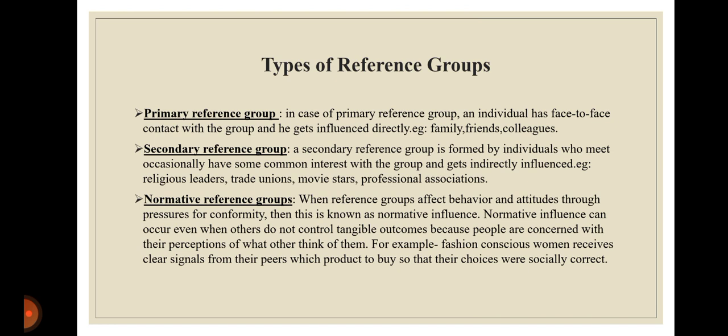For example, a fashion conscious woman receives clear signals from her peers about which product to buy so that her choices will be socially correct. It's but obvious that when I am influenced by a role model or anyone else, I am going to follow her for anything which I want to buy. So it's a normative reference group.